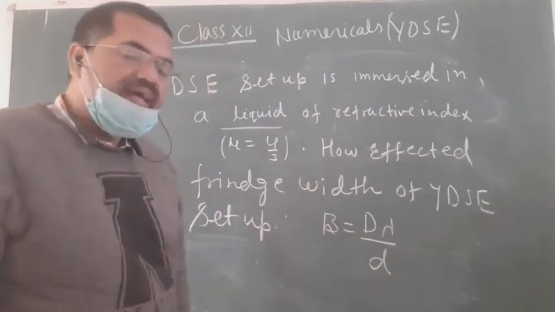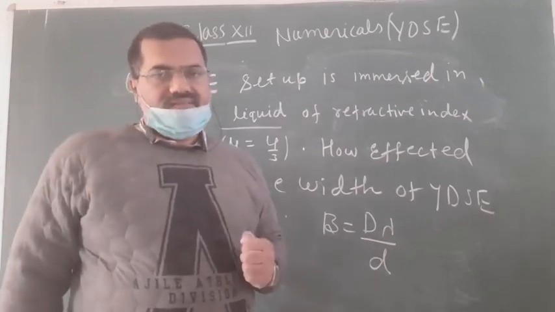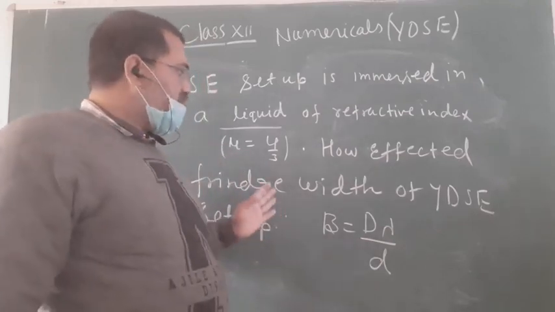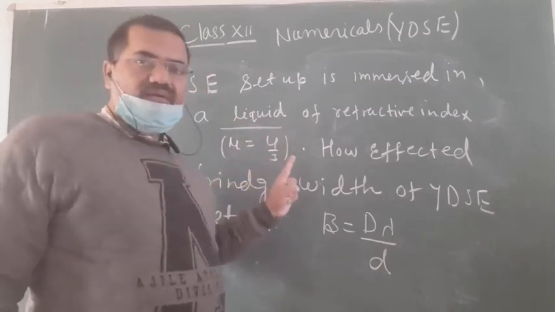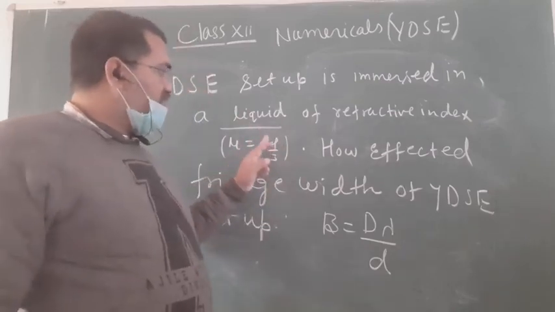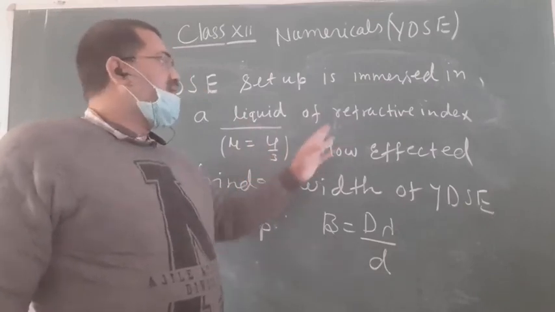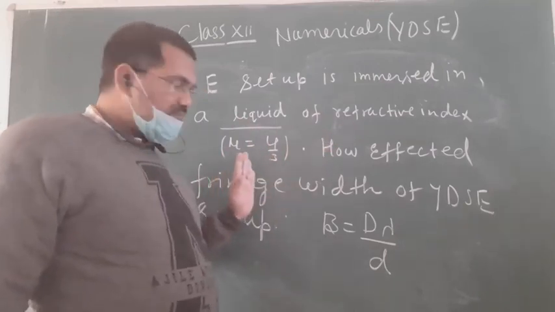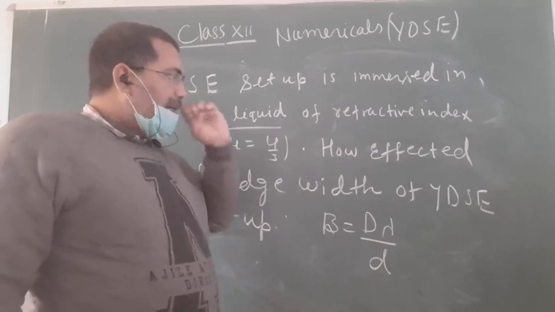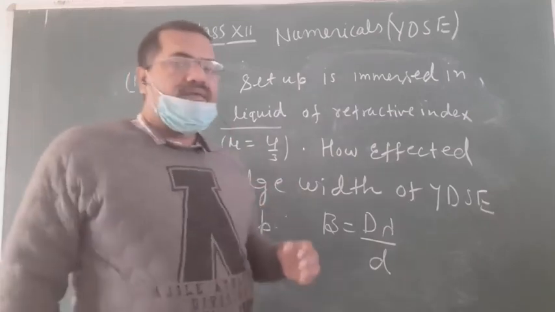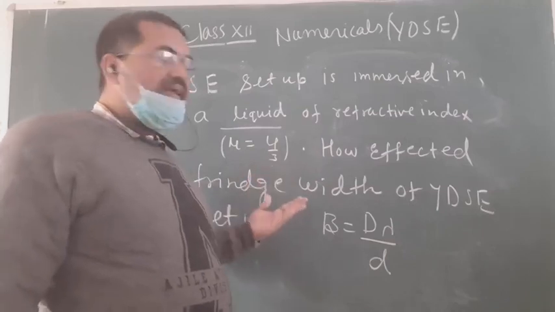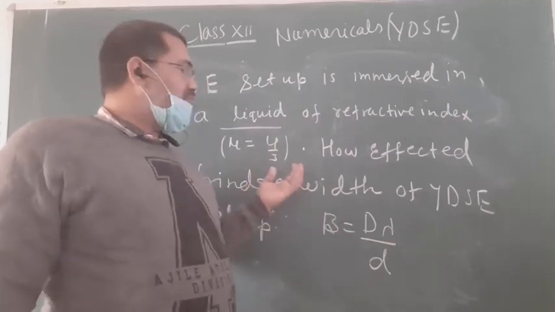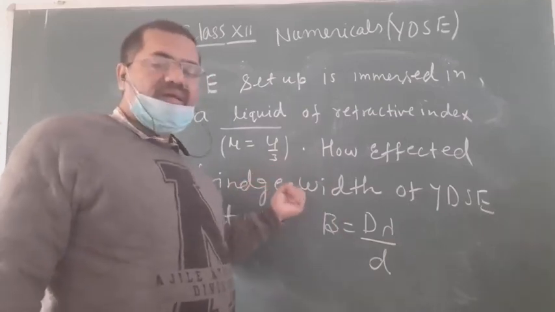Lambda in the denser medium will decrease, because for air the refractive index is 1 and for water it is 4/3. Here the liquid is water actually.